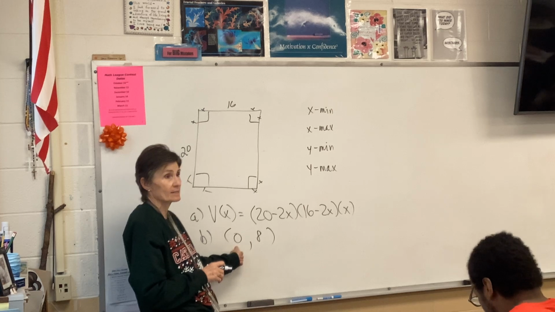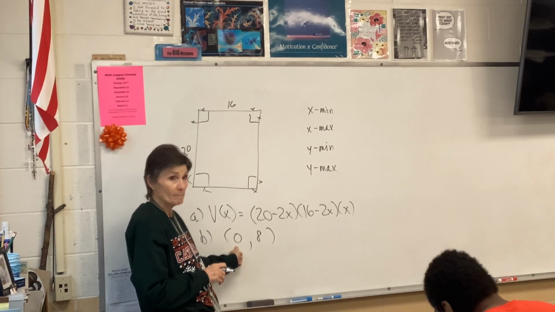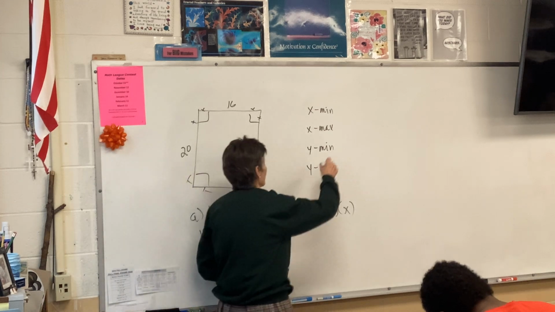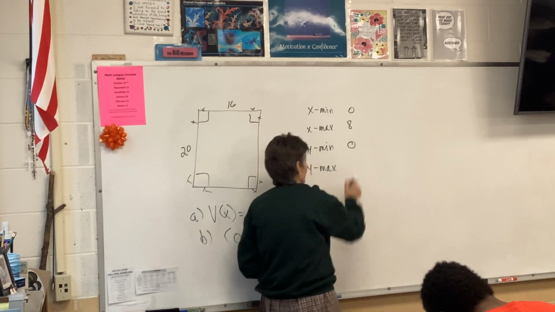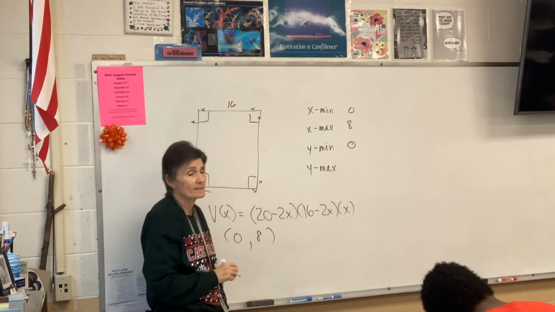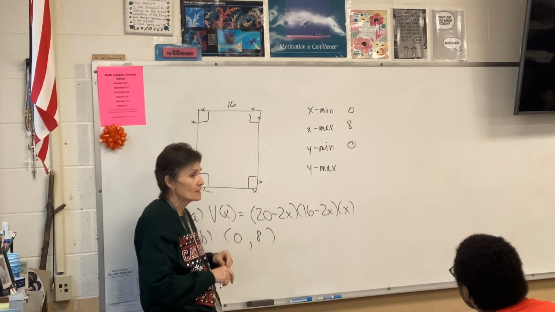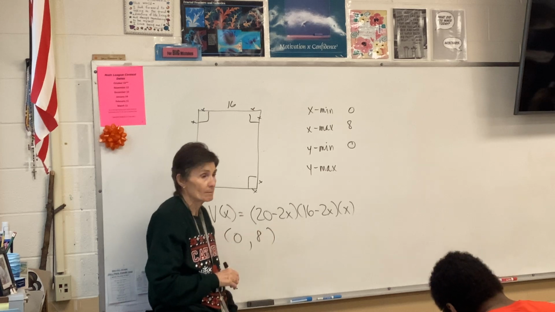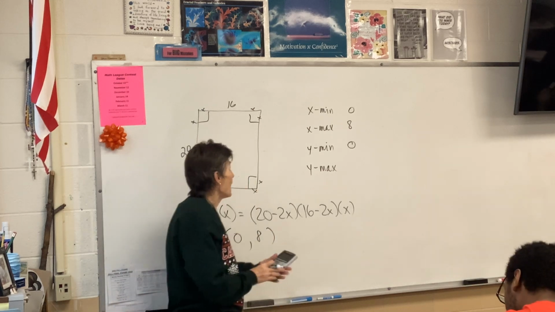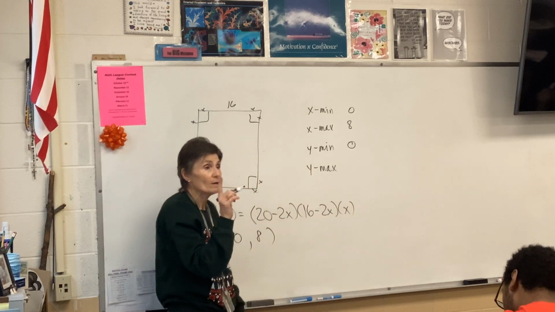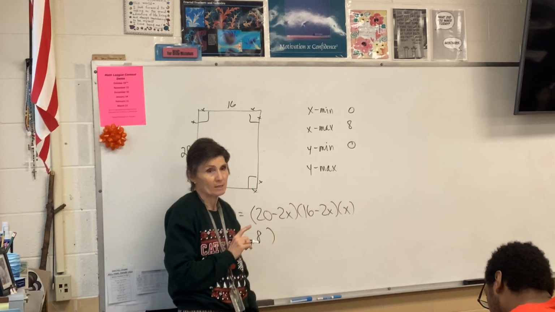This is X min, and that is X max every time. So 0 and 8, that's done. Y min is always 0 because Y is the volume, and the volume can't be negative. Now, what do we put in for Y max? Remember, that's the one we may have to change.